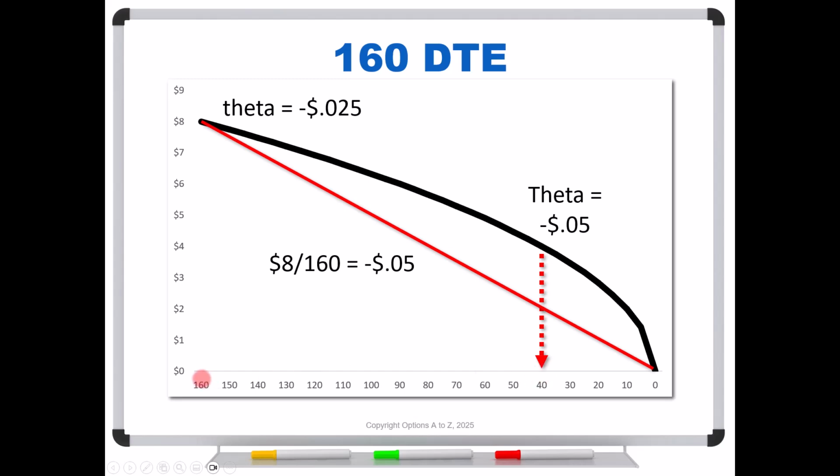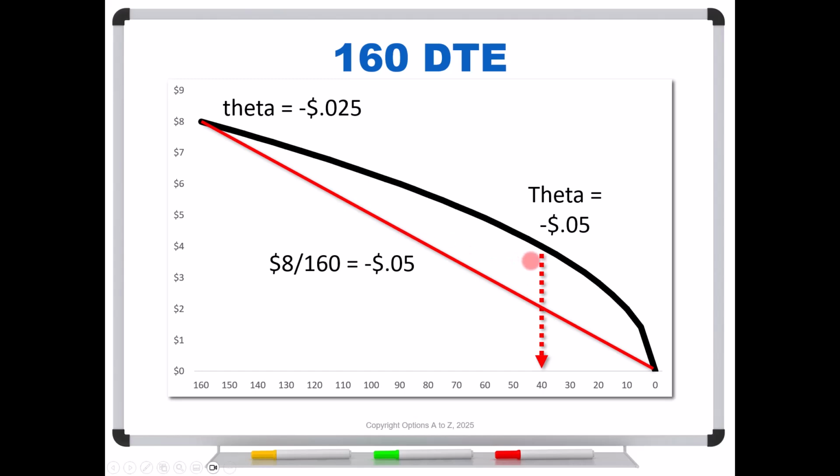Because I can look left and say, oh no, you're on the steep part of the time decay curve. And if 160 days to expiration looks relatively safe compared to 40 days, I could go out with 4 times as much time and look at an option that had 640 days to expiration, and 160 would be right here. Now it's on the dangerous part of the time decay curve. See, it's what's called fractal.